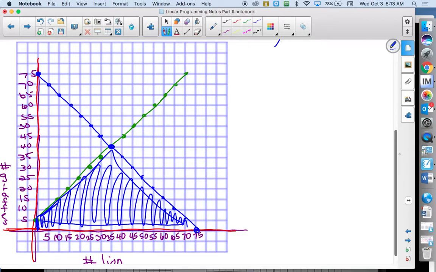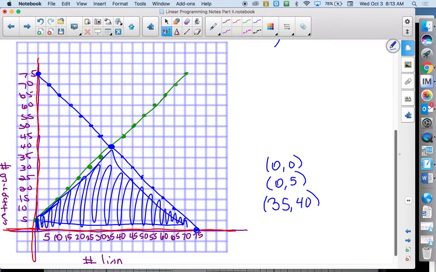So now we have our graph. List the 4 corner points, because then those 4 corner points are going to be used to answer the last question below. So we have 0, 0. And 0, 5. Those are the 2 points that are on the y-axis. They meet in the middle, and that number it looks like is 35, 40.